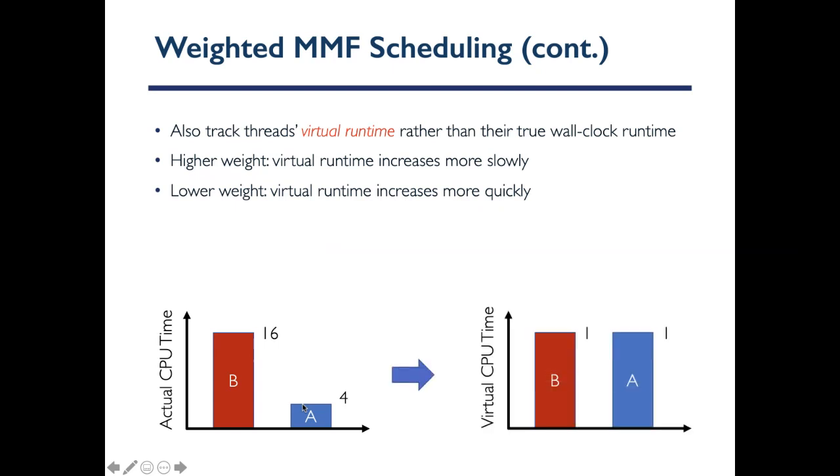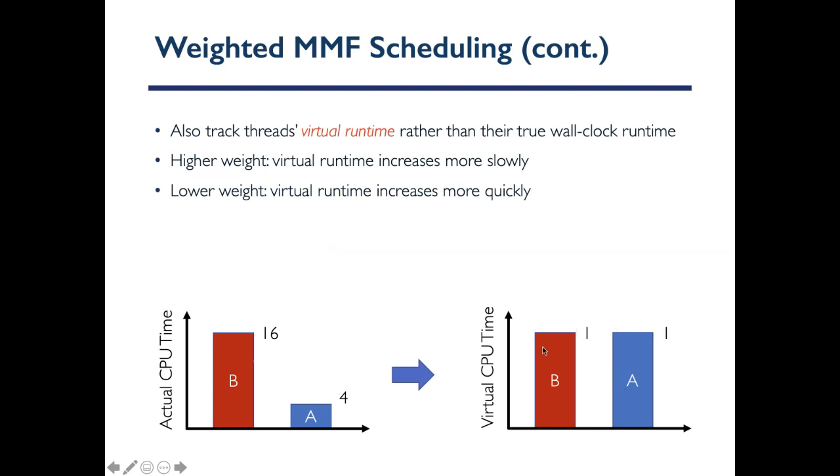But in reality, I actually have to divide the time that they got by their weights. So if A's weight is, let's say, 1 and B's weight is 4, so there is a 4 times difference, then both of them actually have gotten their equal share at this point.